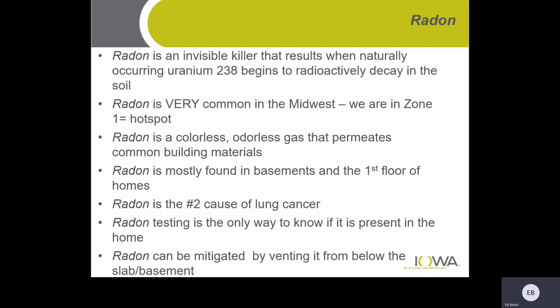We're in a hot spot here in Iowa. It's a colorless, odorless gas that permeates building materials, mostly found in basements and first floor. Considered to be the number 2 cause of lung cancer, and testing is the only way to know for sure if it's present. And it can be mitigated by being vented, of course.